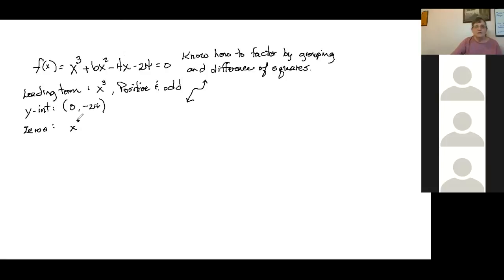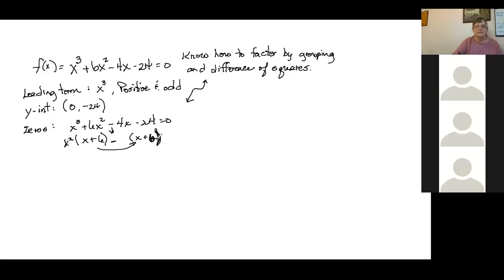So I take x cubed plus 6x squared minus 4x minus 24 equals 0. I can factor an x squared out of this, which will leave x plus 6. Bring down the negative. Carry this over. That's 6.